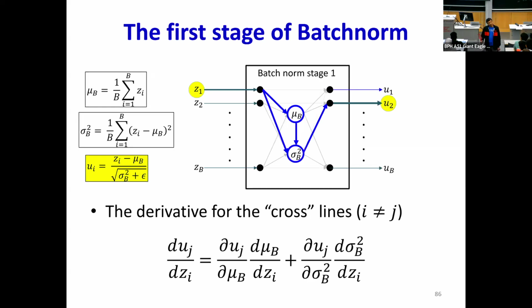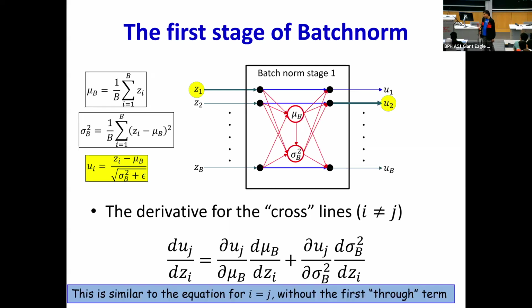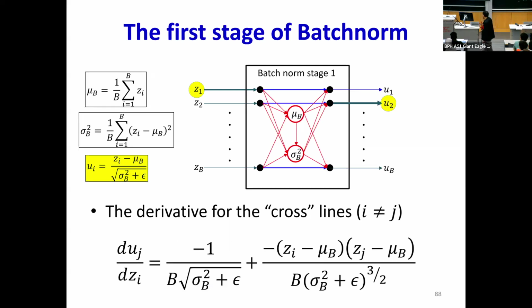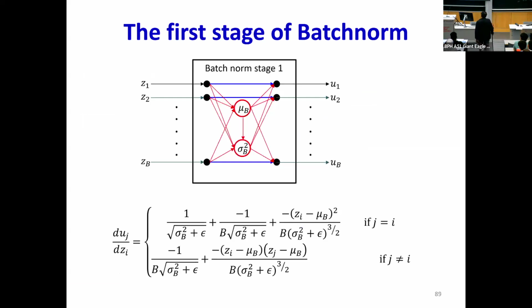I'm sure you can do this all by yourselves now because we know how to do this. I'll just give you the answer. This is similar to the equation for i equals j without the through term, and the answer is going to be this, right? So far so good. We know how to derive the formula. And so the derivative of uj with respect to zi is going to be this first term if j equals i, and the second one if j is not equal to i, okay?